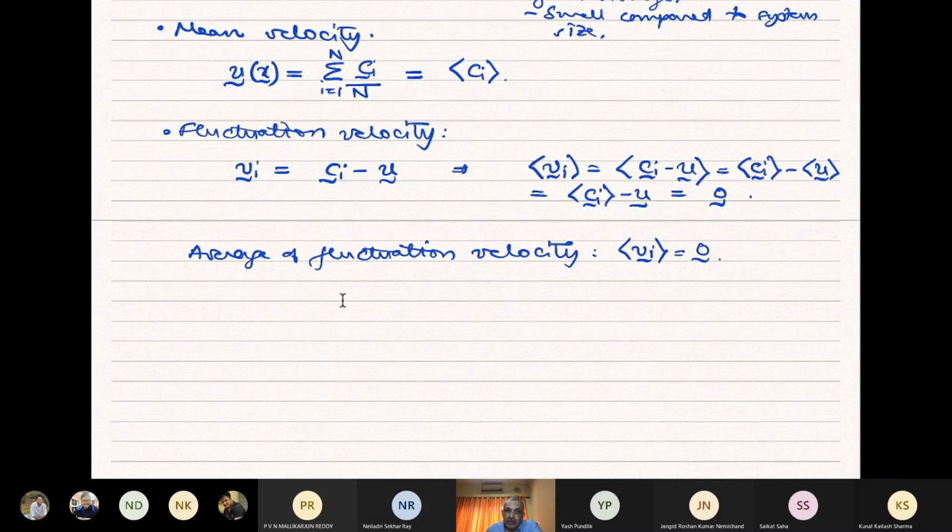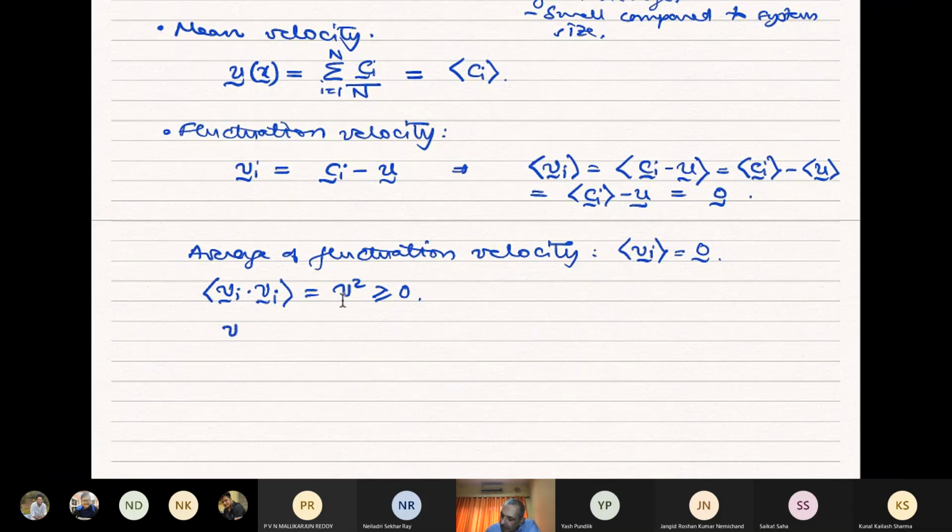However, the mean square average is not equal to 0. So that means this will always be greater than or equal to 0. And let's call this just V squared, which is greater than or equal to 0.